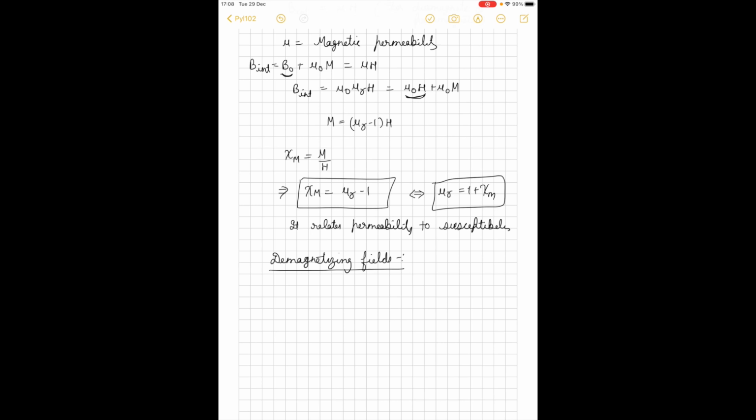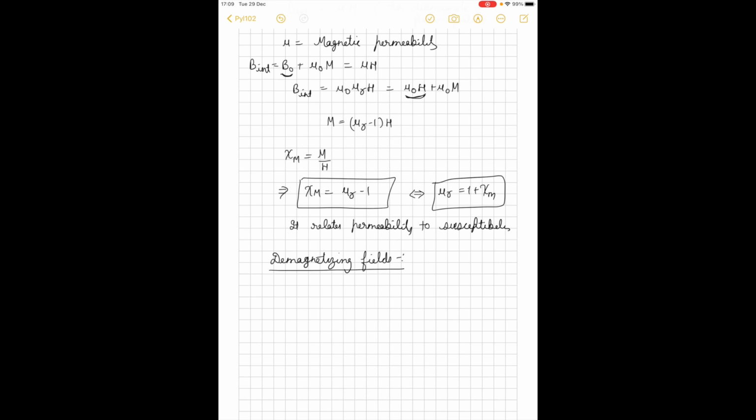Because these materials exhibit large magnetization M. So that's why the magnetic field inside is different than the one that you apply. And what the demagnetizing field does is it basically causes the magnetic flux lines inside the magnetic material to move in a direction opposite to the one that you apply.